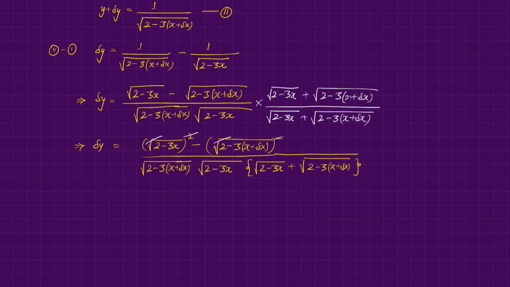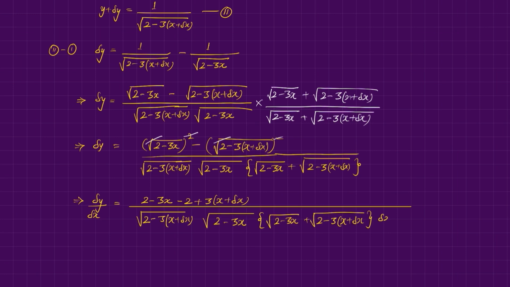So now let us divide both sides by delta x also. So we will have delta y over delta x equals 2 minus 3x, and if I open the bracket with minus, then it will be minus 2 plus 3 times x plus delta x, whole over delta x, since we were dividing both sides by delta x. So here in numerator, this plus 2 and minus 2 will get 0.